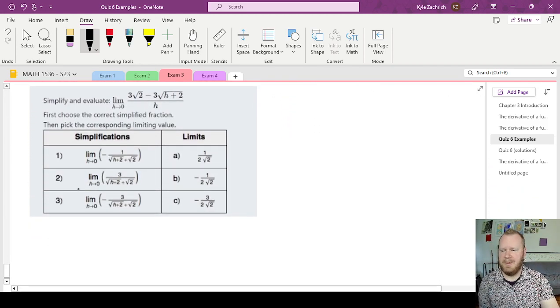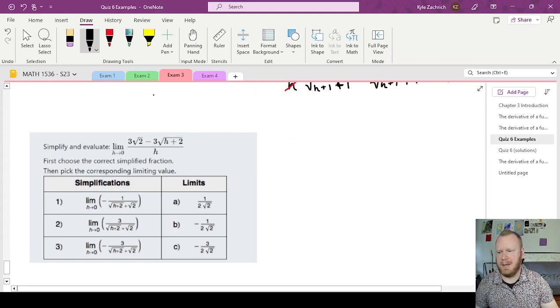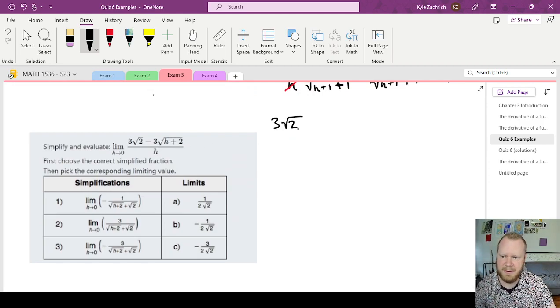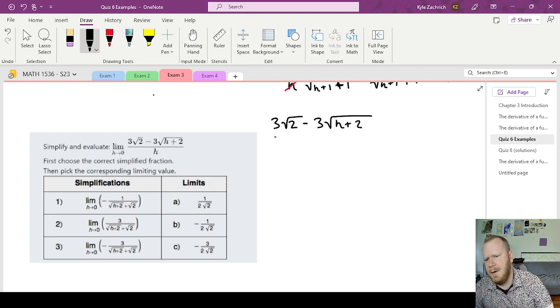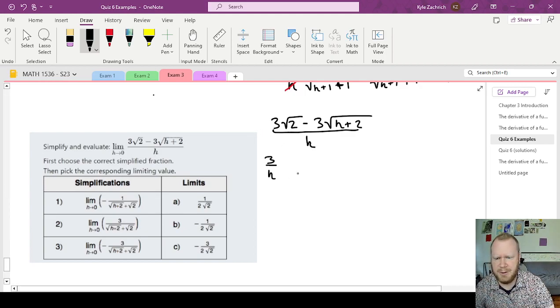I'm going to do the same thing here, but this time my conjugate is going to be, so I'll rewrite this equation, 3 square root of 2 minus 3 square root of h plus 2, divided by h. This time I'm going to pull a 3 over h out in front of all this.